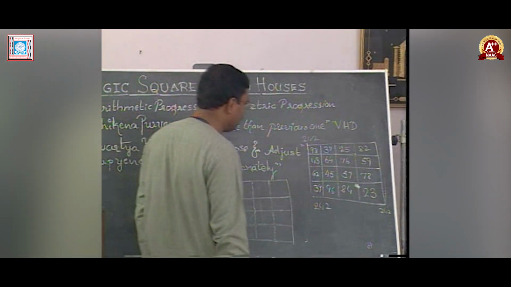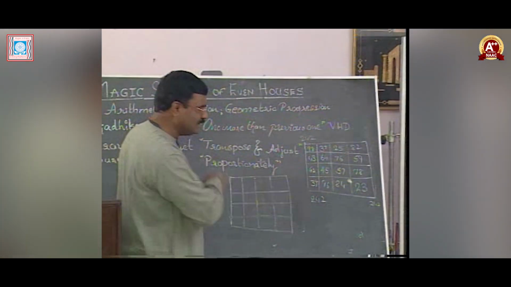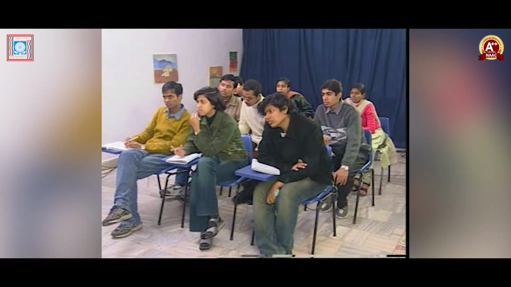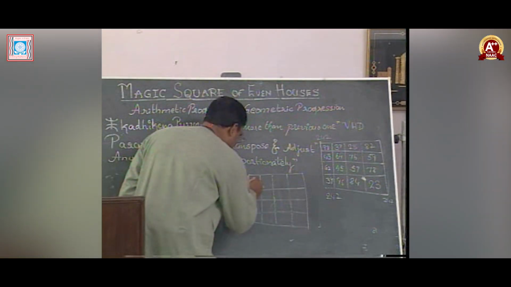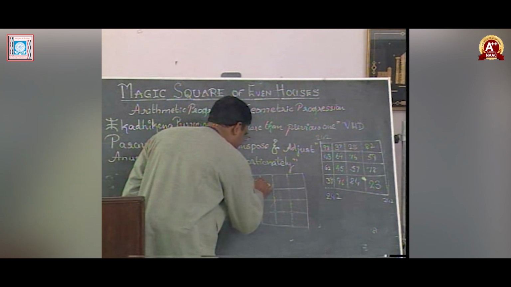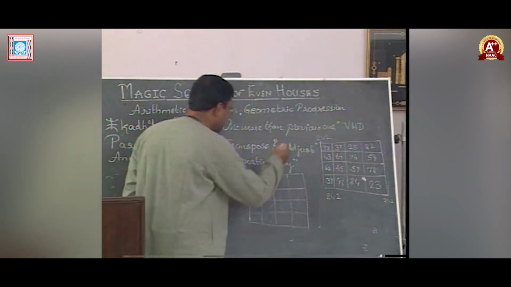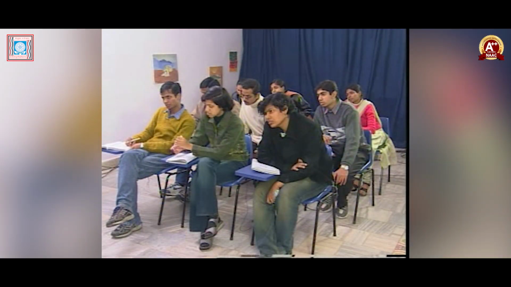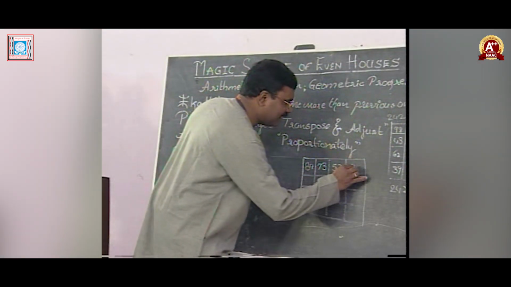Why did I take this? Because if you take the combination of the given numbers, for example, the first row, first column is 98. Instead of 98, you write in mirror fashion, that is 89. The second, 37, becomes 73. Instead of 73, 52, then 28.